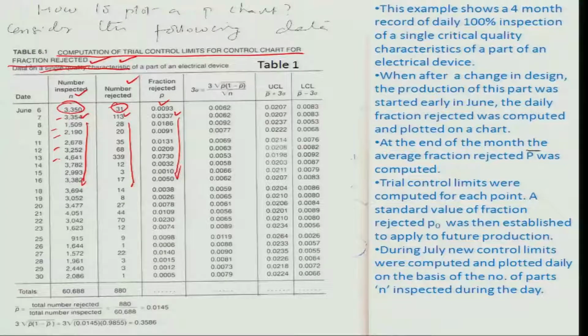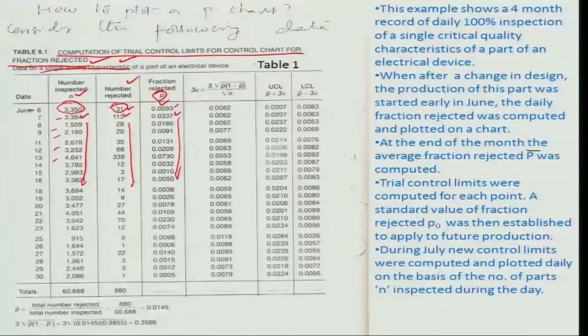That is one good issue about computing this particular control chart. The number rejected also varies accordingly, and what is interesting is that the percentage rejected is also varying quite a lot, because obviously the fraction rejected when the sample size is very large would tend toward the sample average of the whole distribution.